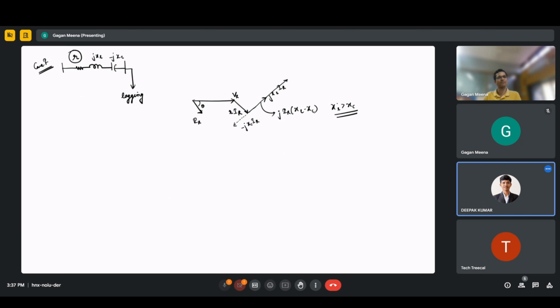Yes, sir, clear. And if XC is greater than XL, which I showed, then this was XL, but XC is much larger, so it is somewhere here. The resultant will also come somewhere here. Then Vs will be this. This will be Vs in that case.